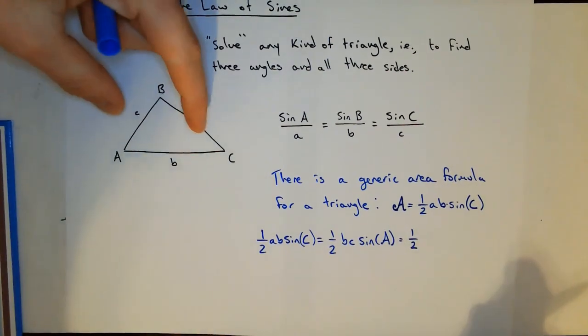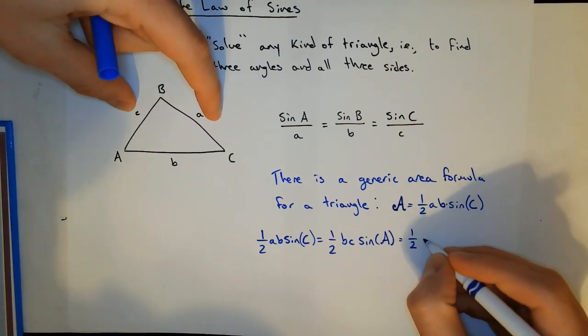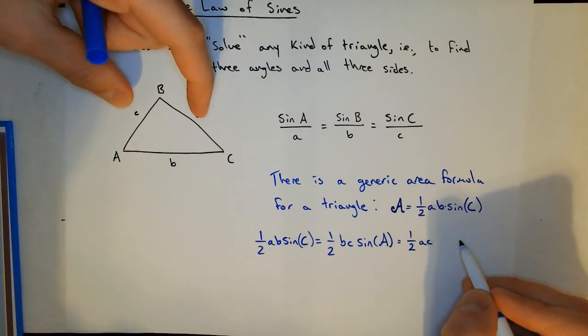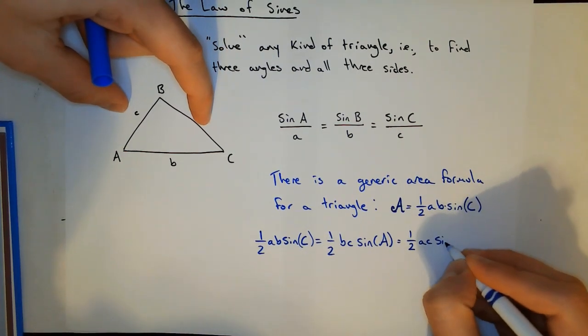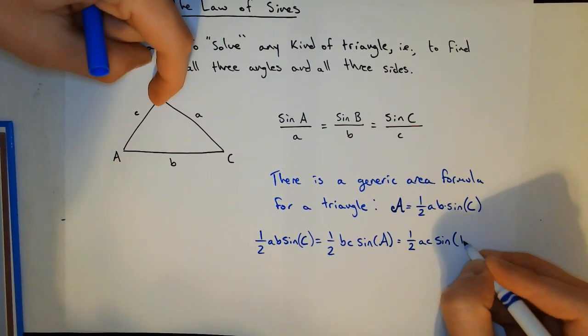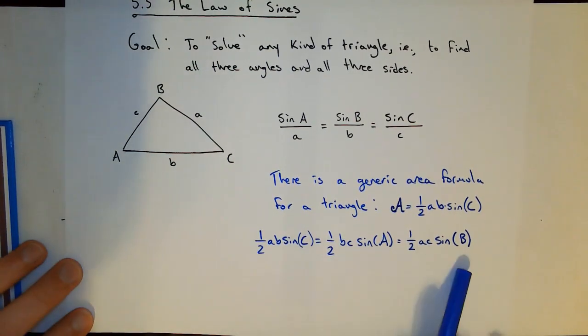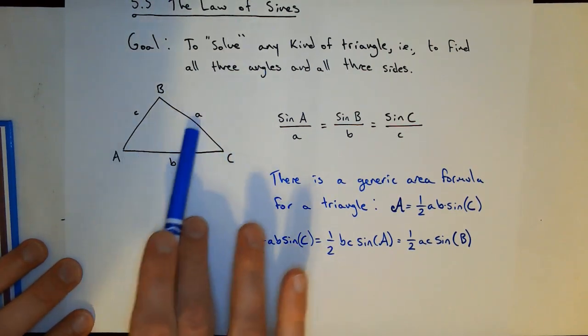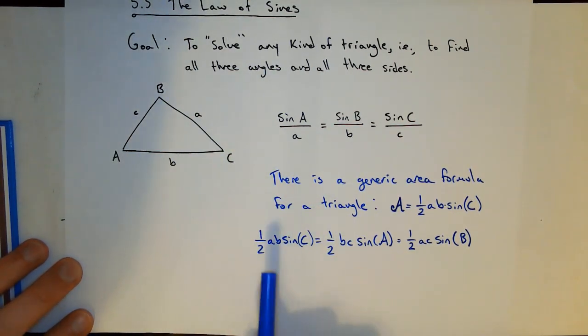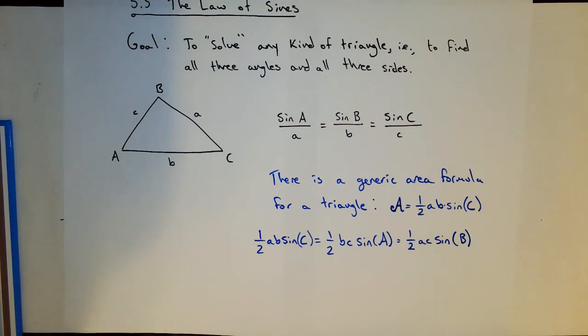I could use A and C, because the point is, with this area formula, you can pick any 2 sides as long as you know the angle between them. Okay. These are all equal because they all represent the area of this triangle. They're just different ways to write it down.